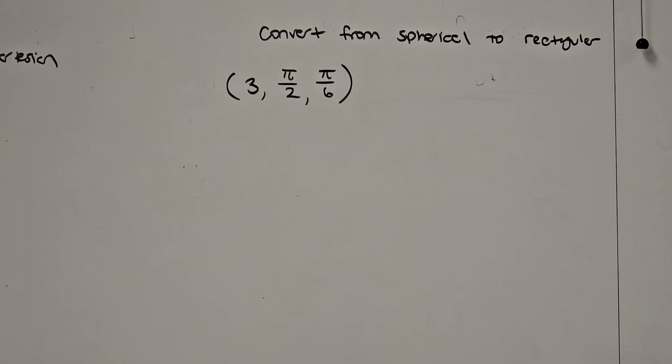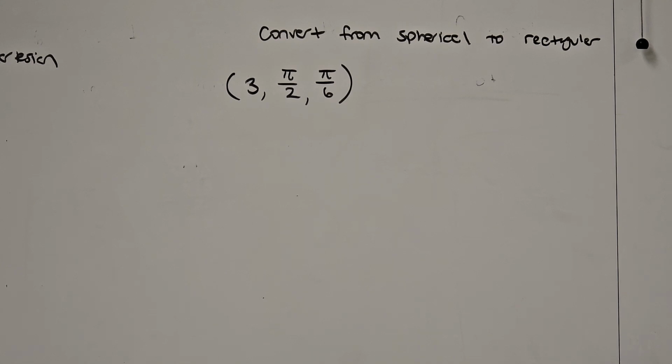If you want to think of it as kind of like going out along the positive x-axis, then sweep at an angle of pi over 2. And now from the positive z-axis, sweep down pi over 6. So you're going to get something that extends out 3 units, kind of opening up along the y-axis, and pi over 6, or 30 degrees, out from the positive z-axis.